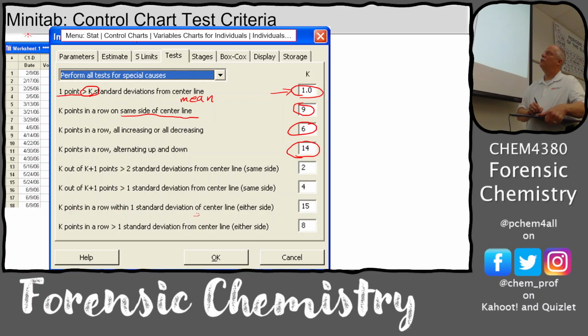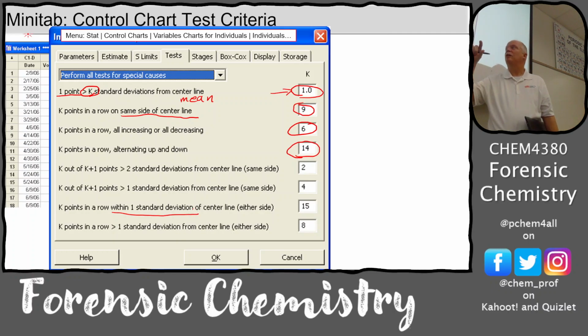And so then, 15 points in a row within 1 standard deviation. Now, what is that one about? You want things to be in control. You want them in that envelope. But this is saying 15 points in a row inside plus or minus 1 standard deviation. Why is that a problem?